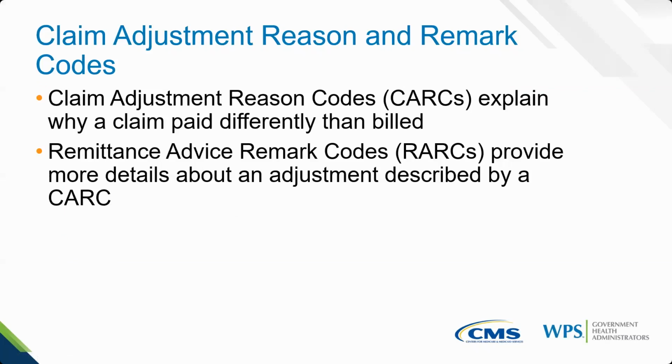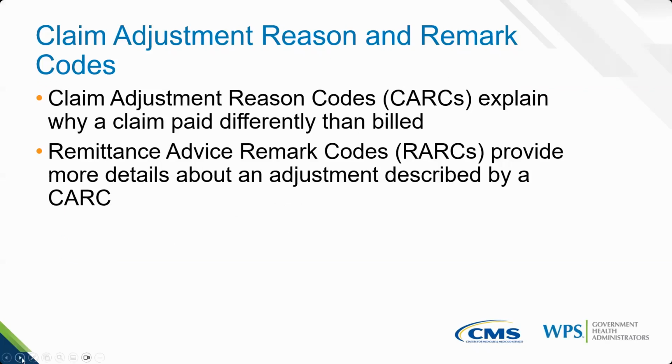You can see them listed here on this slide. Claim adjustment reason codes, we call those CARCs. These explain why a claim paid differently than it was billed, and a remittance advice remark code, or what we call a RARC, provides more details about an adjustment that's described by a CARC.